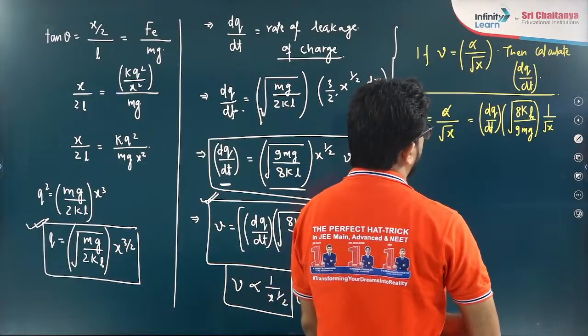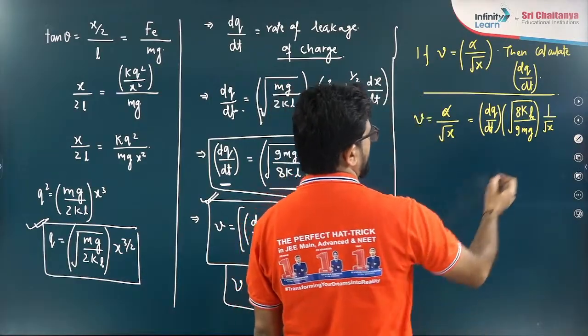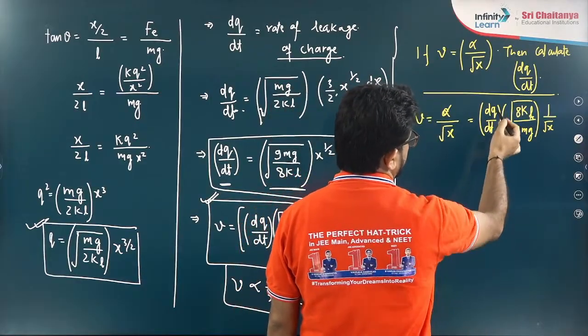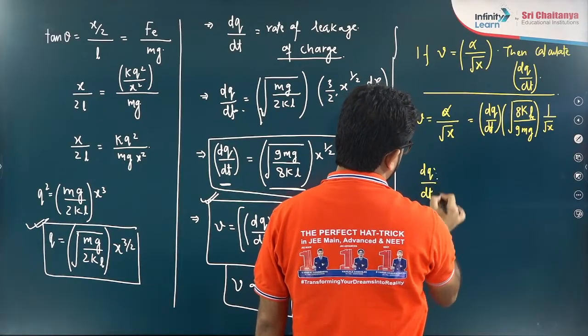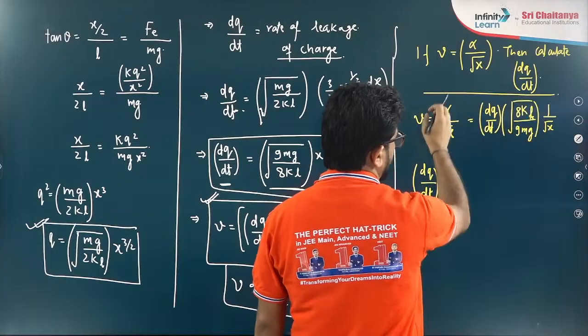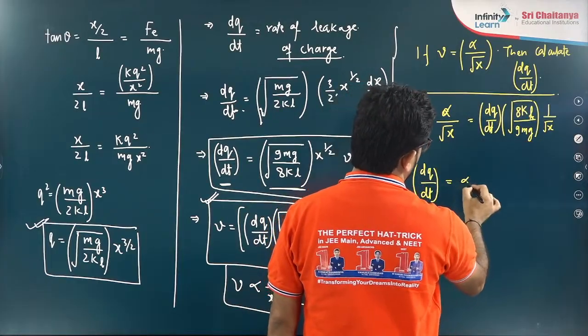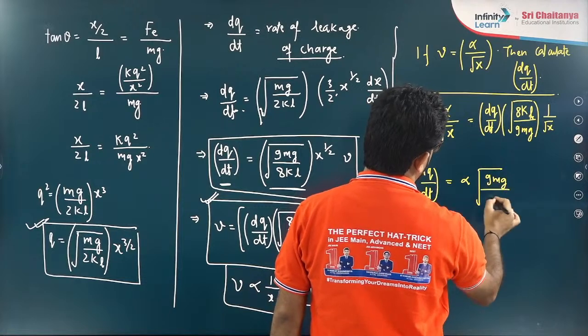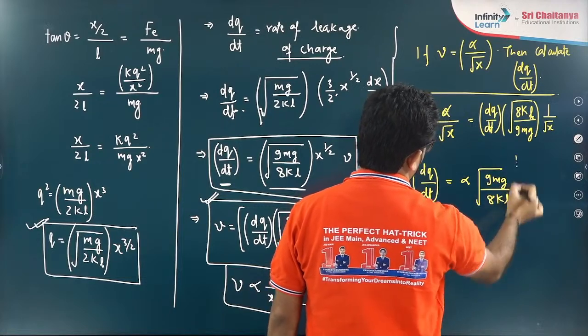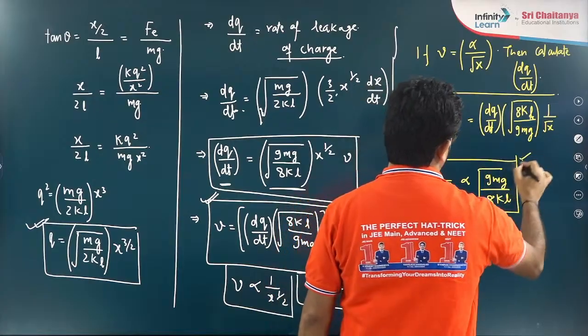Root x from both sides you can remove. What are you keeping? This is dq by dt. Taking this whole part to this side, dq by dt is equal to alpha under root of 9mg divided by 8kl.